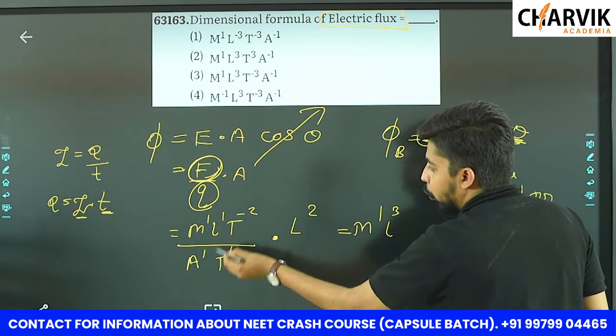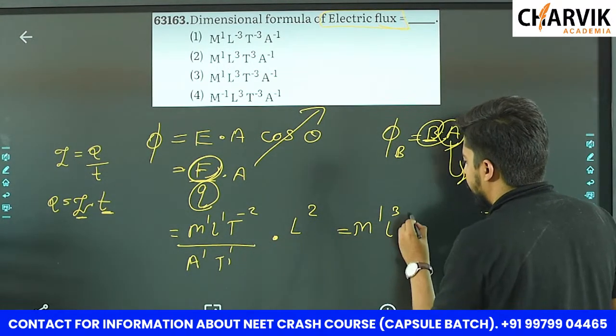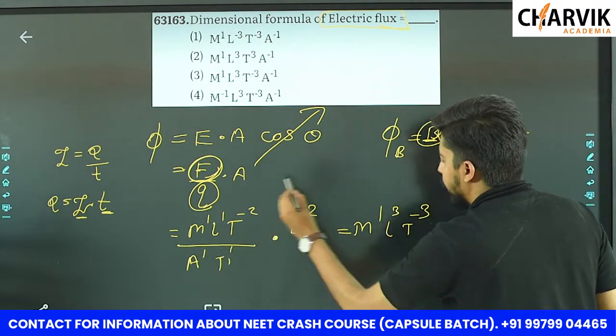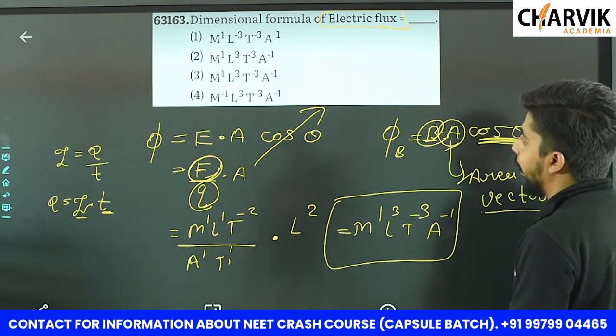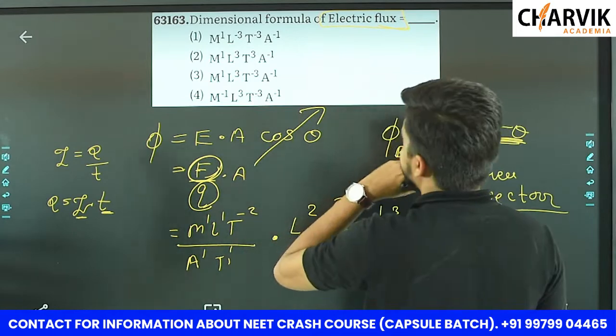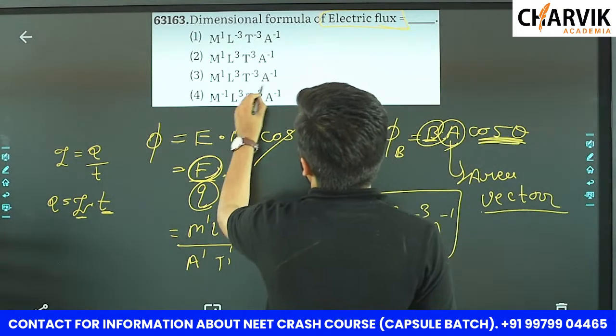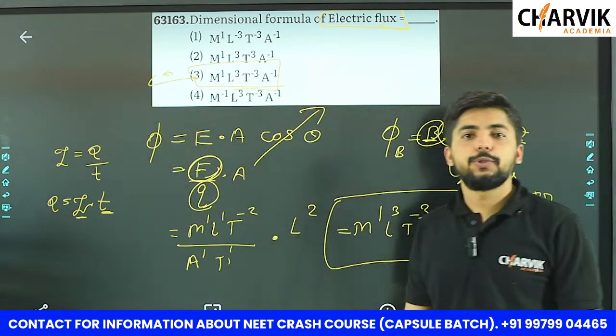This T will go in the numerator and become minus 1, and minus 2 and minus 1 becomes minus 3, and this A will go in the numerator and become A minus 1. So the answer is M1 L3 T minus 3 A minus 1, which is given in option number third, M1 L3 T minus 3 A minus 1, yes, which becomes your correct answer.